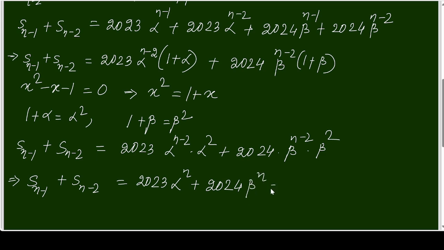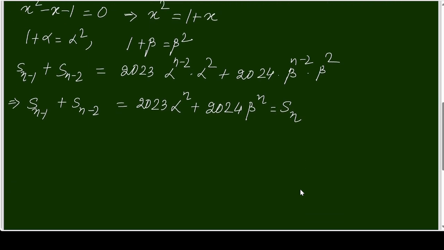This is nothing but your Sn, sum of n terms. So we are getting expression sum of n terms equals to sum of n minus 1 plus sum of n minus 2.